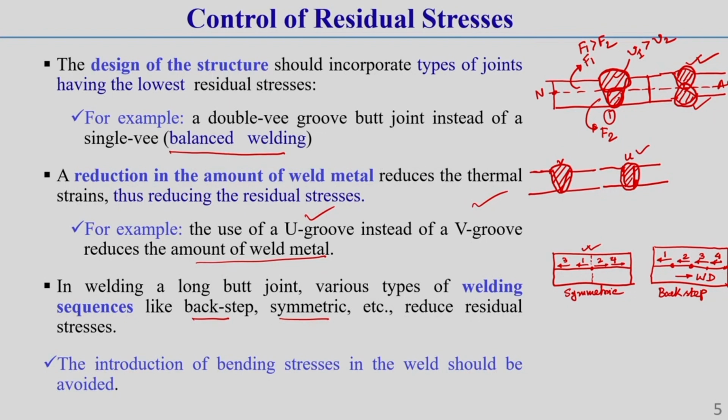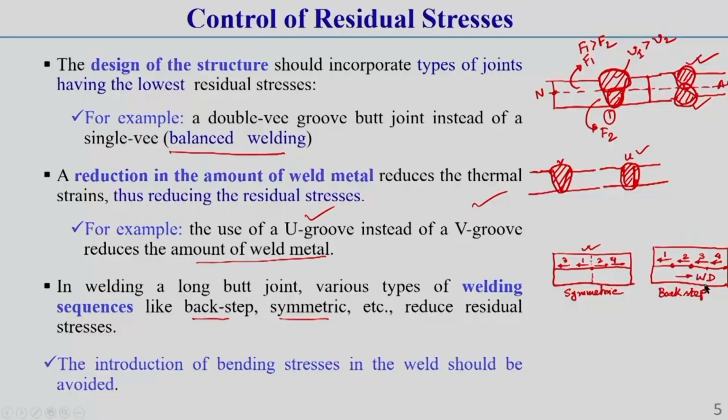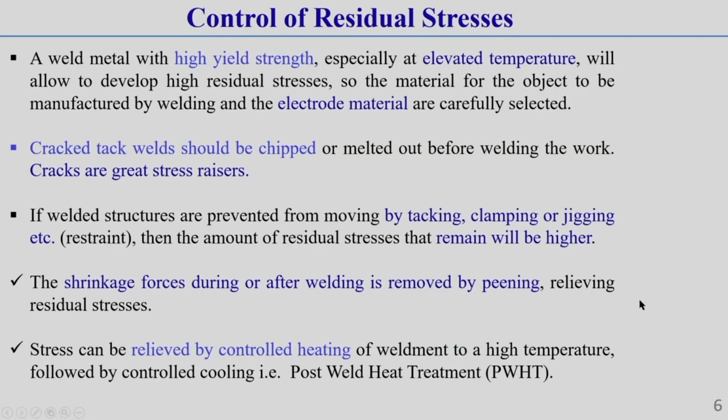Whenever we go for a welding operation, we have to check whether there is any bending effect in this welding zone or not. Always keep in mind, the introduction of bending stress in a weld should be avoided. So, these are different types of welding sequence. I have also shown you their effect, which I have also discussed.